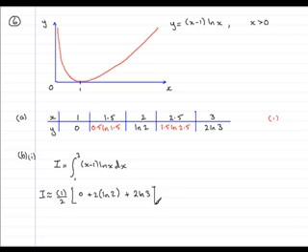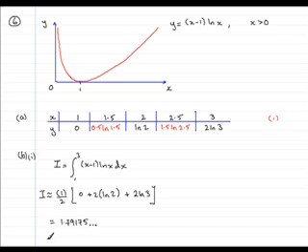Close the bracket off, and all we need to do now is work this out on the calculator, and you should get 1.79175 and so on. I'll write 3 dots there to illustrate.